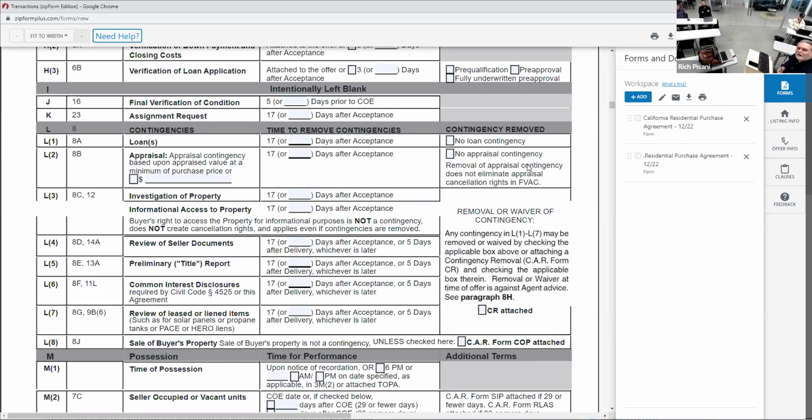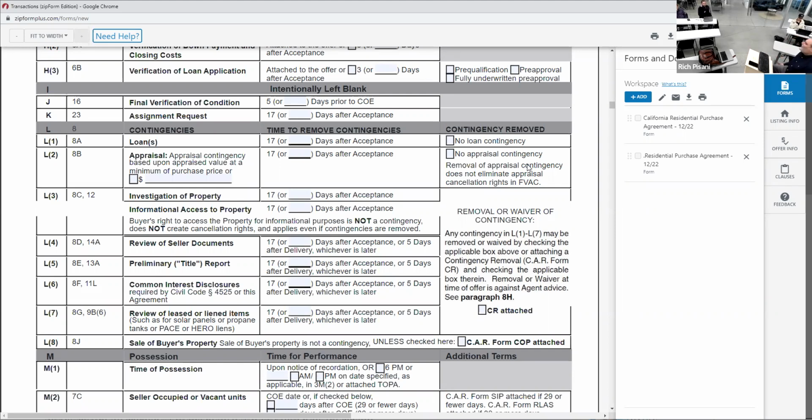Okay. Investigation of property, 17 days. Informational access to property. If you lower the investigation of property to like 10 days, but still keep the informational access to property at 17 days, that means they have an additional 7 days that they can go in. They can bring their architect, they can measure for drapes, flooring, or whatever they want to do.